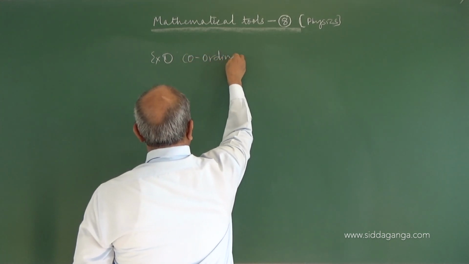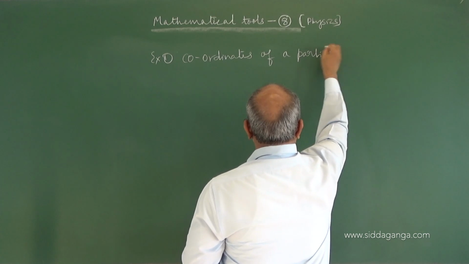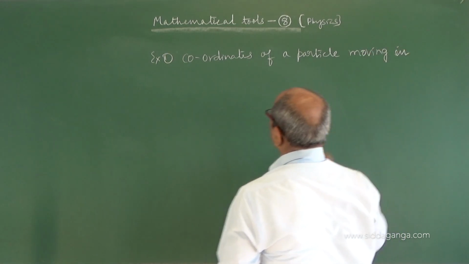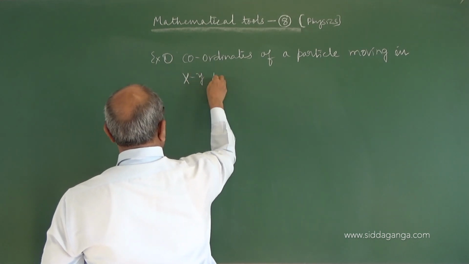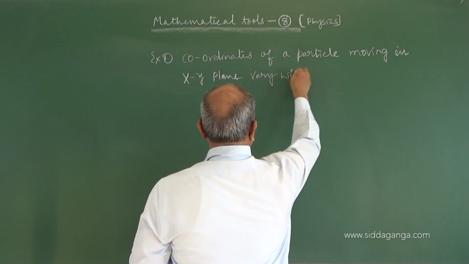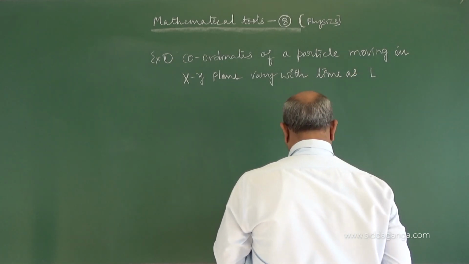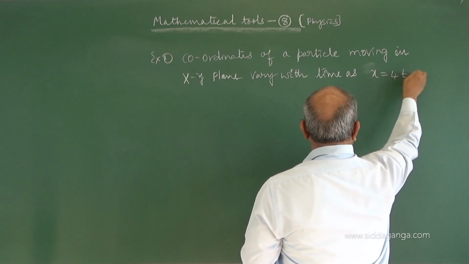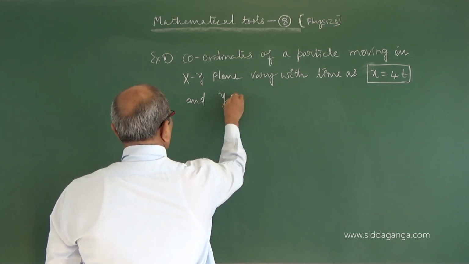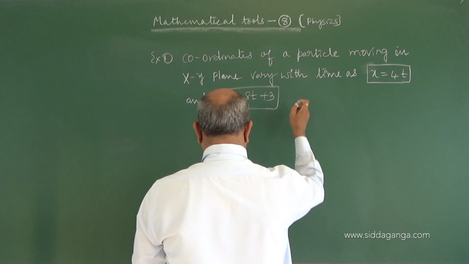Coordinates of a particle moving in the xy plane vary with time as x is equal to 4t and y is equal to 8t plus 3. Identify the curve traced.